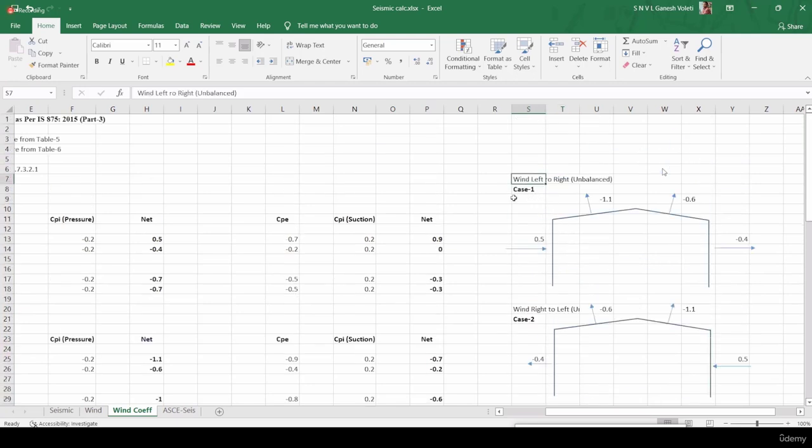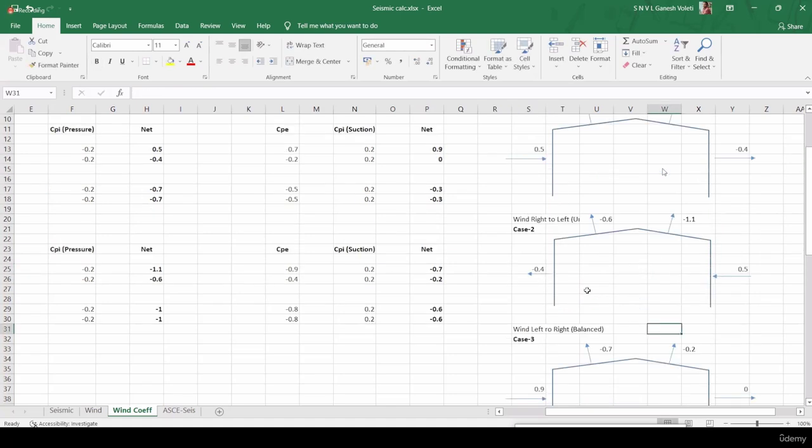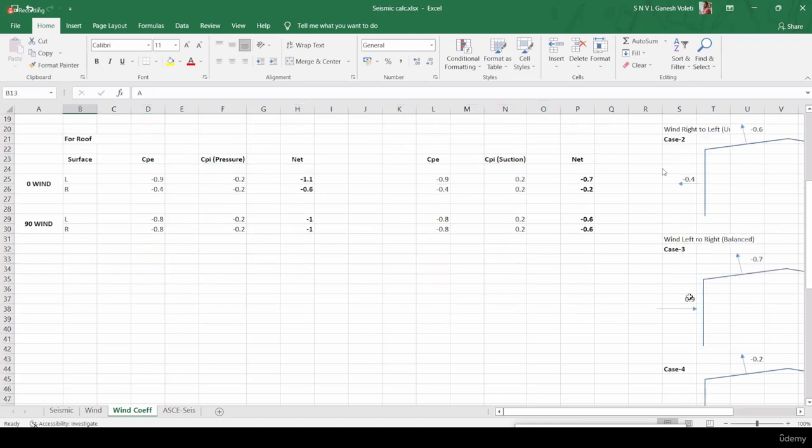So for the third case, wind left to right, balanced condition. This is surface A, and surface A is nothing but this column.